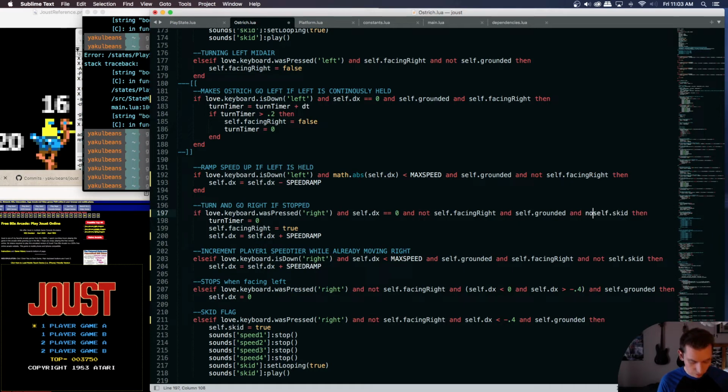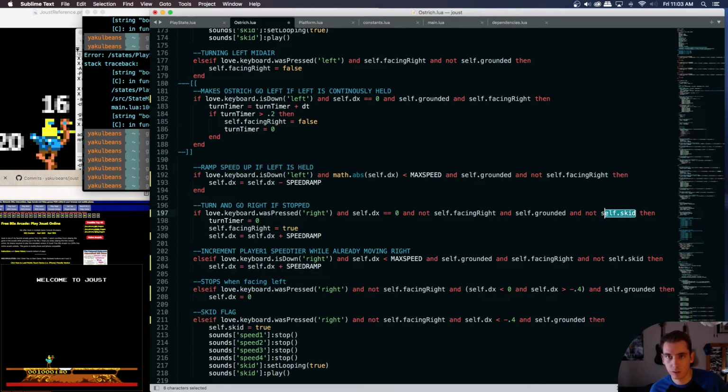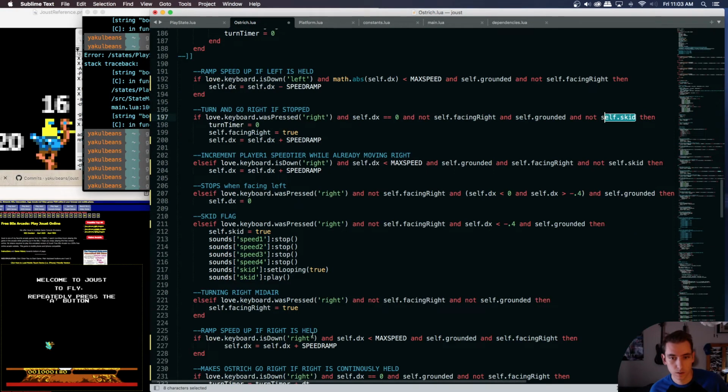And not self skid. So on any DX speed ramp, also check if we're skidding. So that covers the right. Oh, that's just is down. I mean, here too, right?